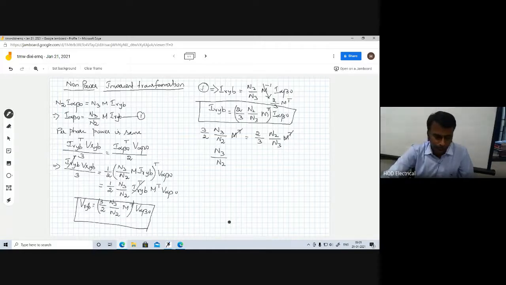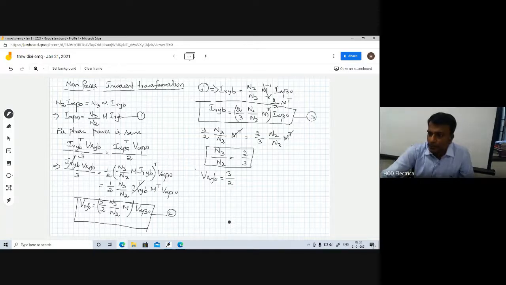That means 2 into 4 divided by 9. So square root of (N3/N2) square, (N3/N2) square equal to 4/9. From that, N3/N2 equal to 2/3. So now if we substitute here VRYB by the second and third equation, we have VRYB equal to 3/2, 2/3 M transpose into V alpha beta naught.